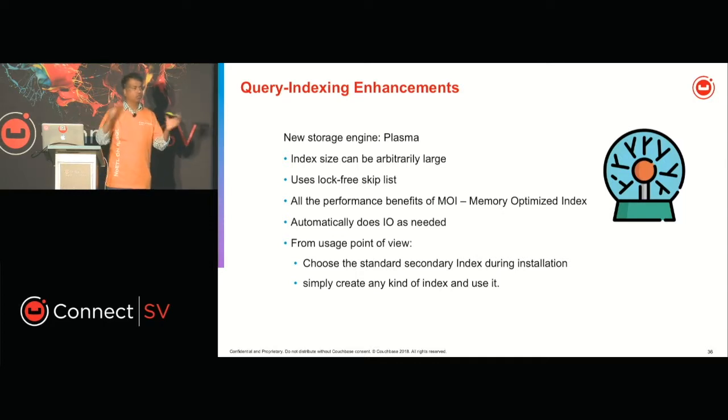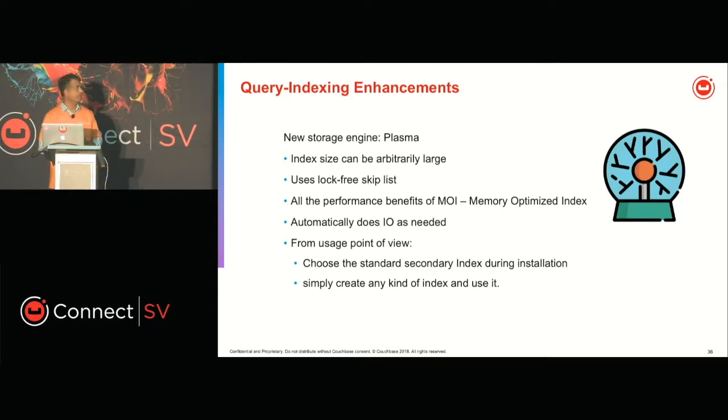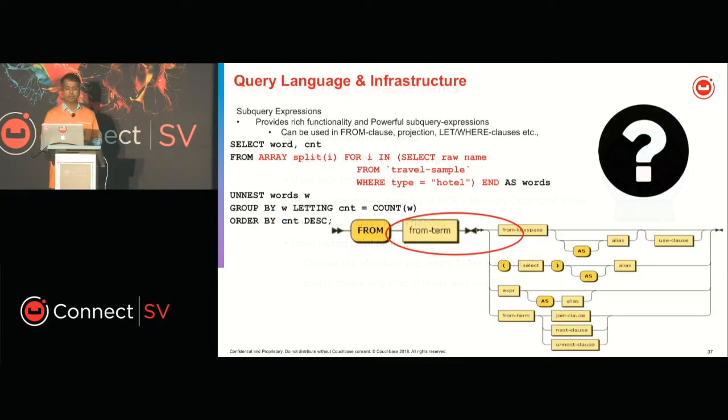It's based on a new data structure called a lock-free skip list, and it's much more performant and efficient than the previous ForestDB index. From the usage point of view, choose the standard secondary index in the installation, and simply create any index. It will automatically choose the Plasma index. There is no necessity to provide any storage specification in your create index. Your CREATE INDEX statements will work as normal.